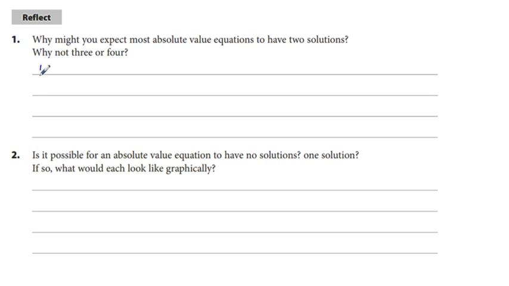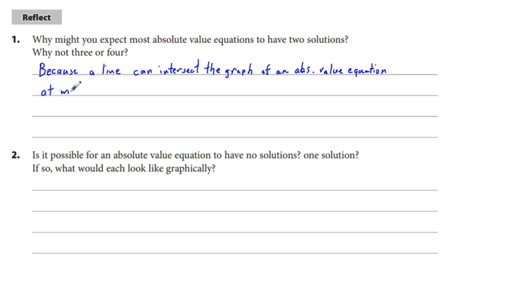Well, the reason is because a horizontal line, or any line, can intersect the graph of an absolute value equation at most twice, or 2 times.